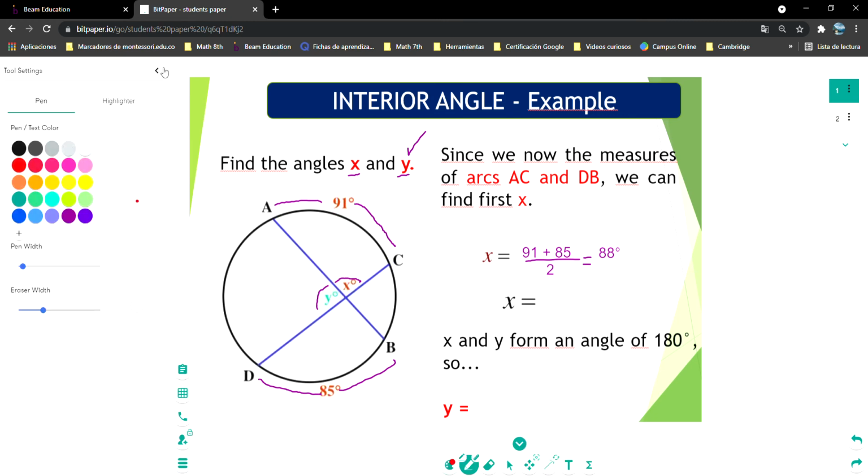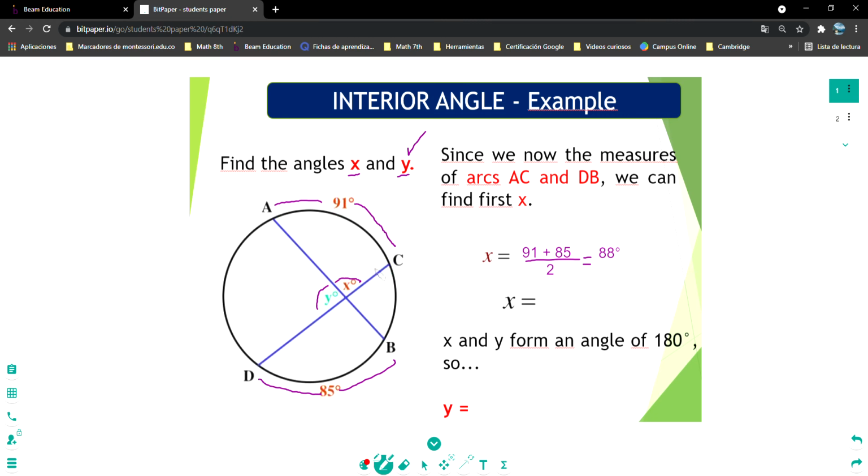Remember that if we check out the line CD, if we add the angles X plus Y, that will be a straight angle. So that will be 180 degrees. They are supplementary angles, because if we add X plus Y, that will be 180 degrees. We have a straight angle here.